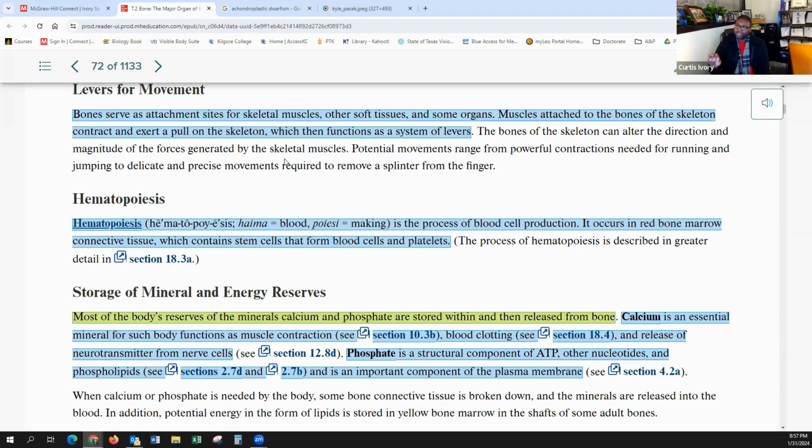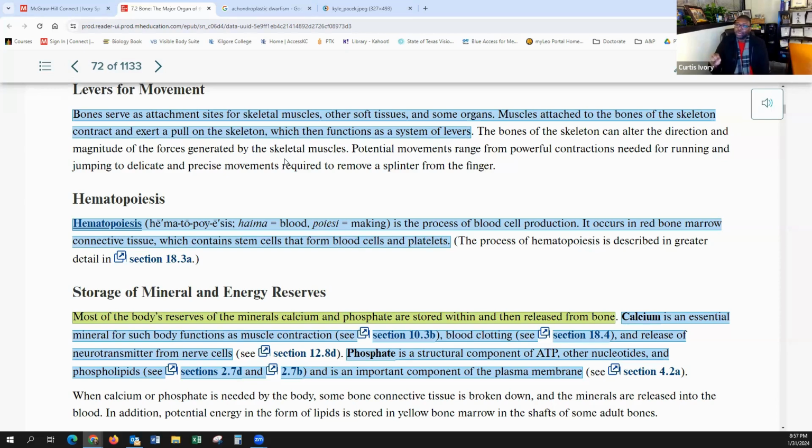Those red blood cells and white blood cells that are floating around in your bloodstream are made from your bones. On average, you make about 3 million red blood cells per second. So that is a ton of blood being produced.